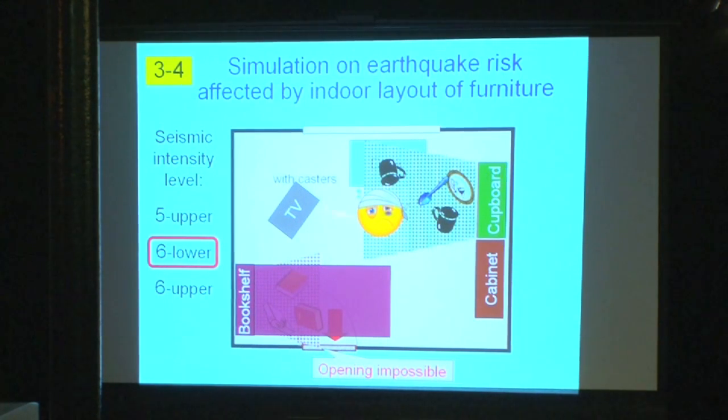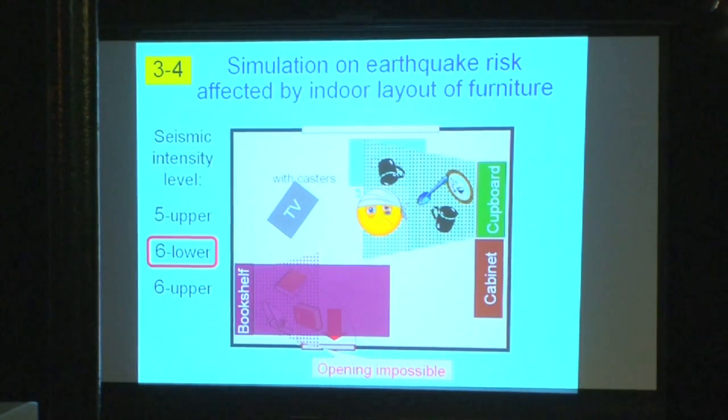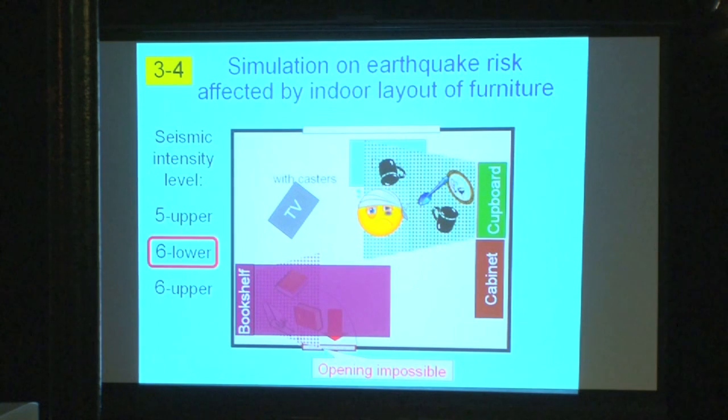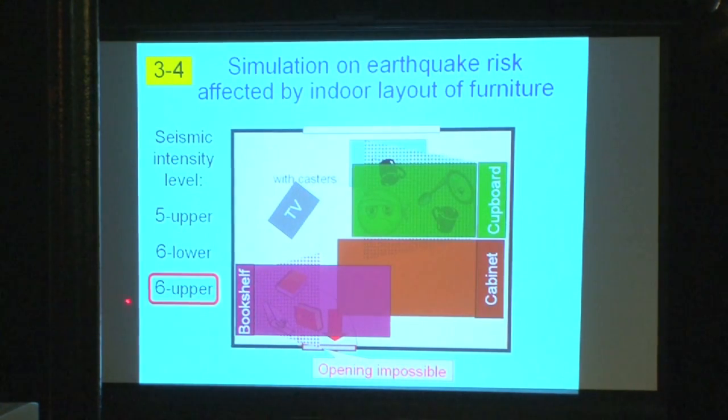So if someone sits on this chair, she or he will suffer later. When the level goes up to 6 upper, all furniture falls on the floor.